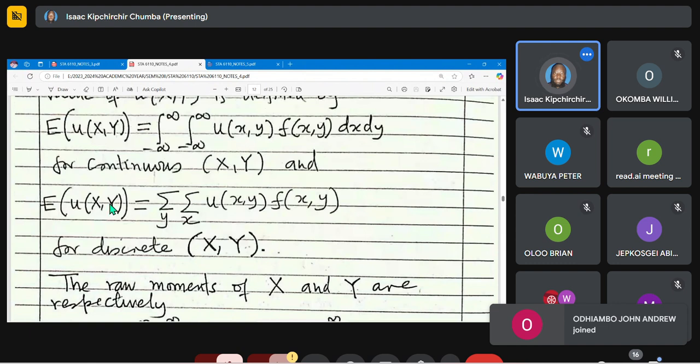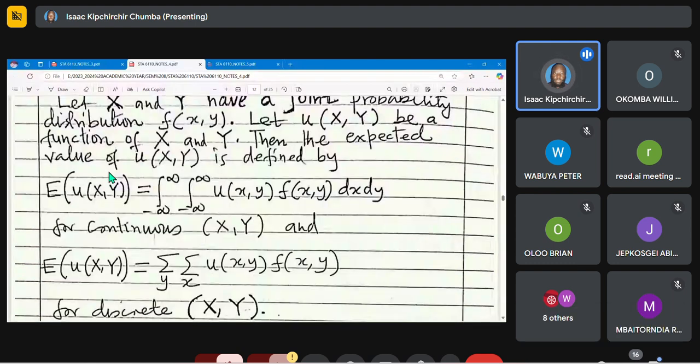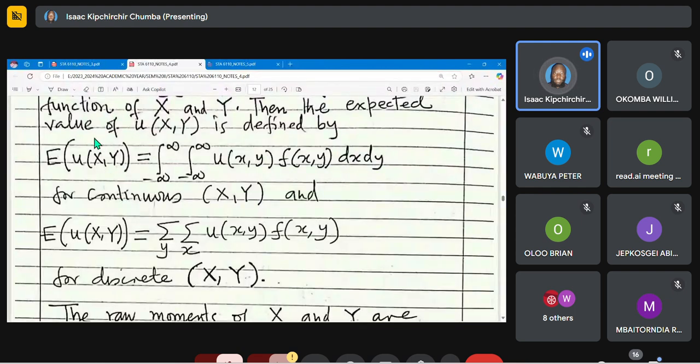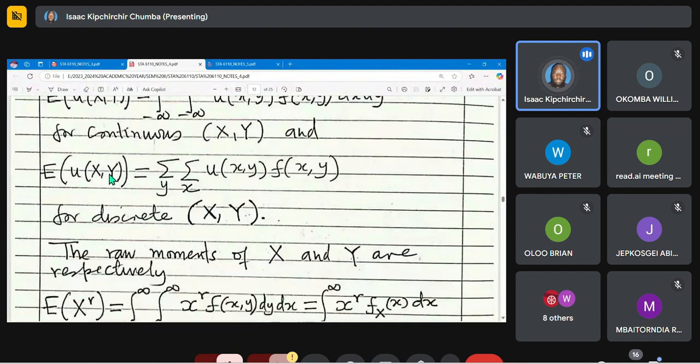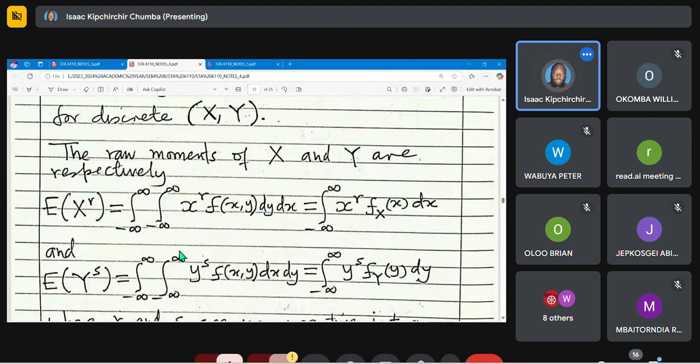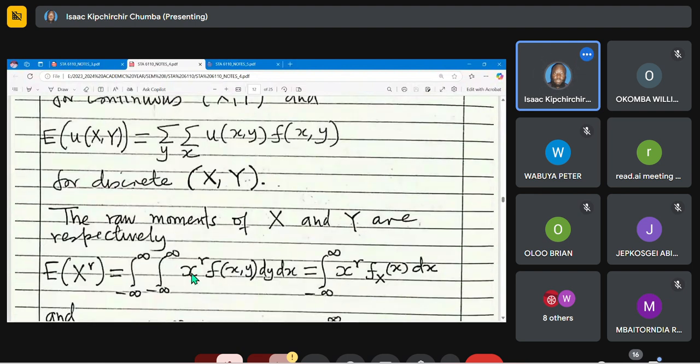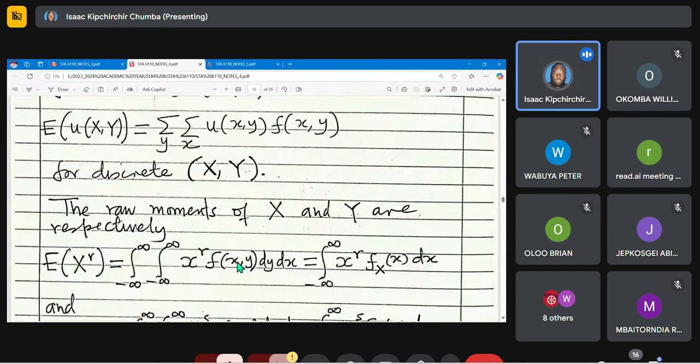It's like we are saying u of x, y is just x raised to r. We have defined it exactly as x raised to r, so you just substitute x raised to r here, and you have the result.